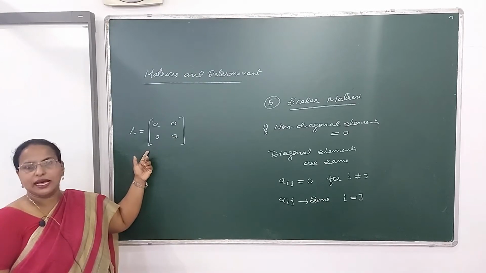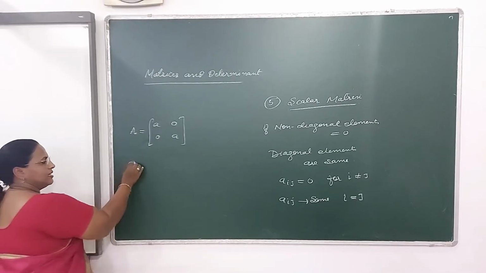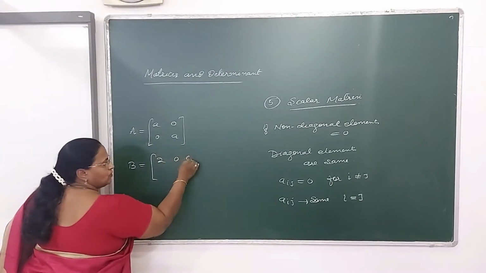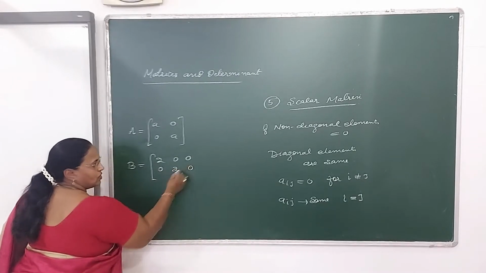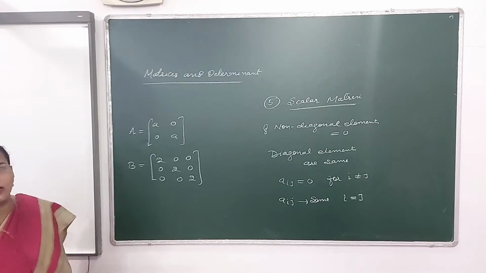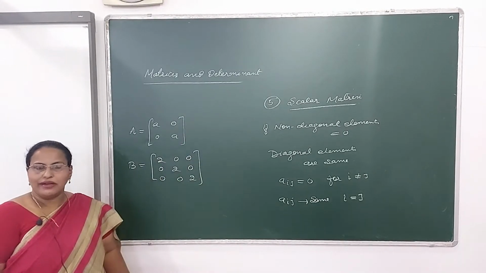So this is an example of a scalar matrix. Likewise, one more example let us take. B is equal to [2 0 0; 0 2 0; 0 0 2]. So this is an example of a scalar matrix. So this was the scalar matrix.